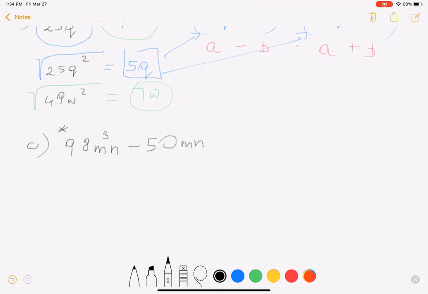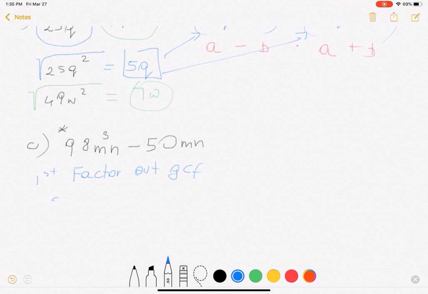So in this example you may wonder how I can use the difference of squares, since I don't even have any square here. So first, what I want you to do is factor out the GCF.